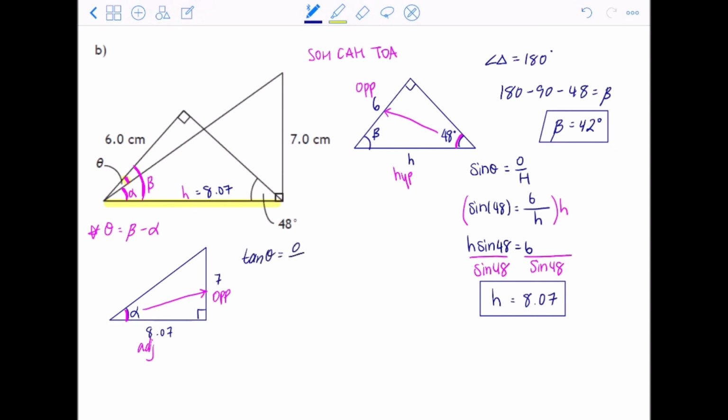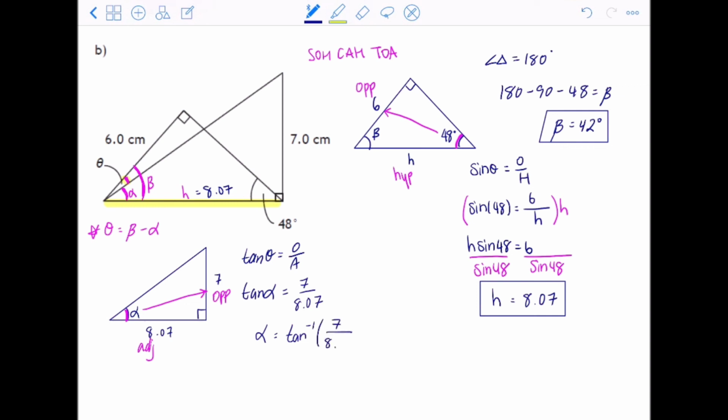Tan of alpha equals 7 over 8.07. When we're looking for alpha, we need to use inverse tan, or arctan, however you like to read it.